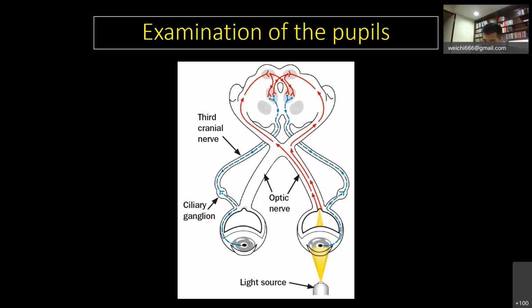If the light source is changed to the right eye, then the right eye will still be constricted, but I think the left eye wouldn't be constricted since there's damage. Yes. So how about the right eye? When you switch the light source to the left eye, would you see the pupil constricted in the right eye as well?